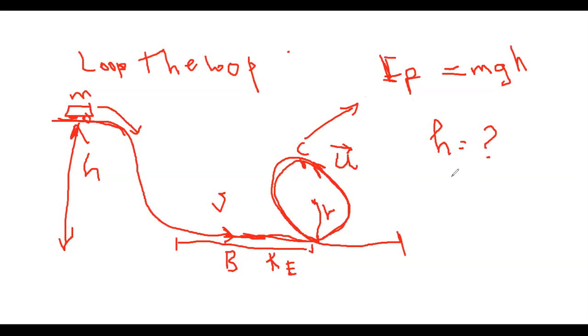Then we give a certain radius called A, the radius of the path here.